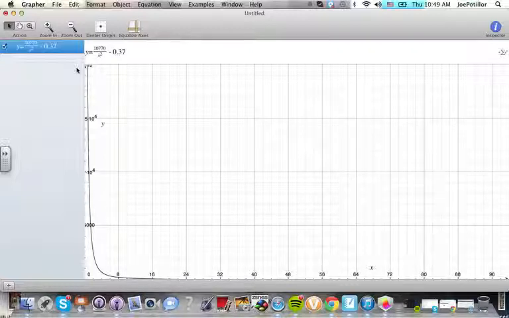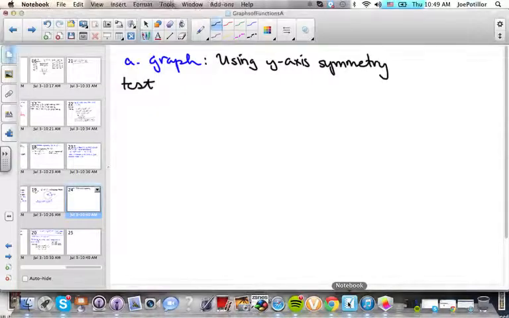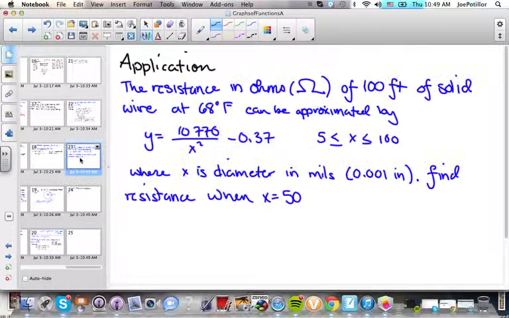And then for the second situation, it's just a matter of plugging in numbers into the equation. So for part B, I just want to plug in 50 into this equation. So 50 gets plugged in right here.